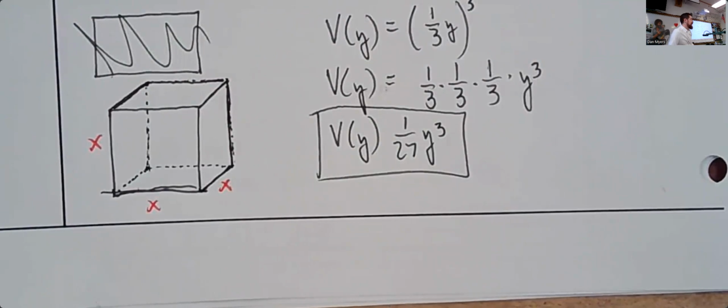So if you have a box that is 1 foot by 1 foot by 1 foot, 1 cubic foot, that is 1/27th of a cubic yard. So that means, has anybody ever done bark dust before? Anybody shoveled bark dust before?